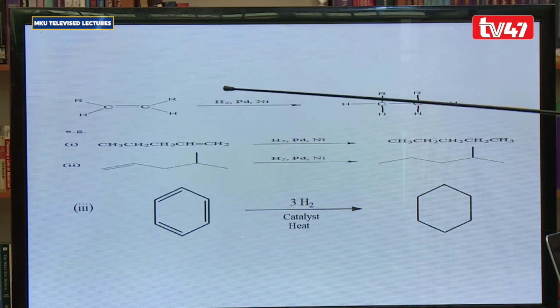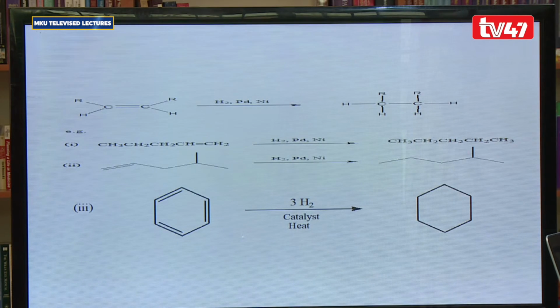The result is that the hydrogen adds at the position of the double bond so that the double bond is broken and you end up forming an alkane from an alkene. That is what is known as hydrogenation.